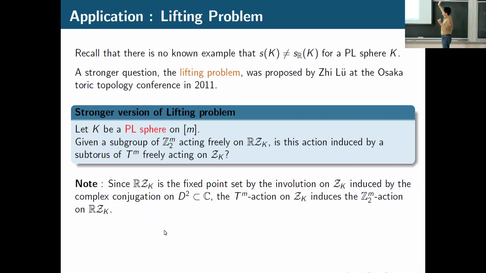So we don't need to assume this kind of maximality, and we can ask the stronger version. Given a subgroup of Z_2^m acting freely on the real moment-angle complex, we can ask whether this action is induced by a subtorus of T^m freely acting on Z_K. This is the general question for the Lipton problem.